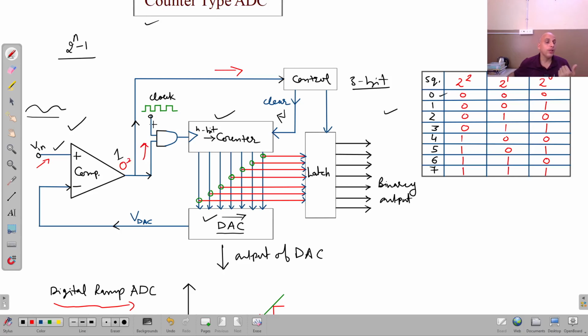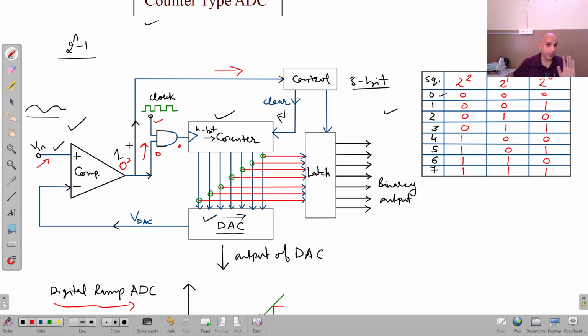And when it goes low, this low is applied here. Low means it is 0, so it is immaterial whatever input we are applying at the other terminal of the AND gate. The output will always be low or 0. And at that instant, the counter will stop counting.